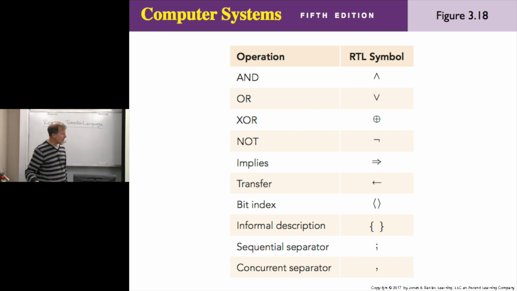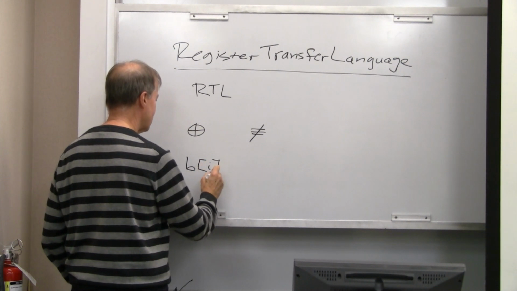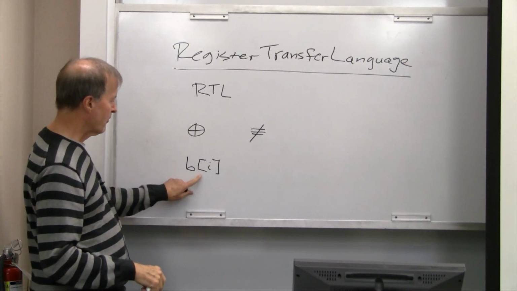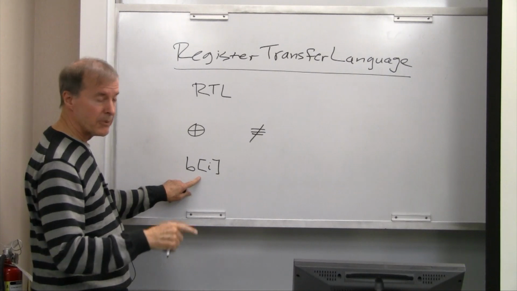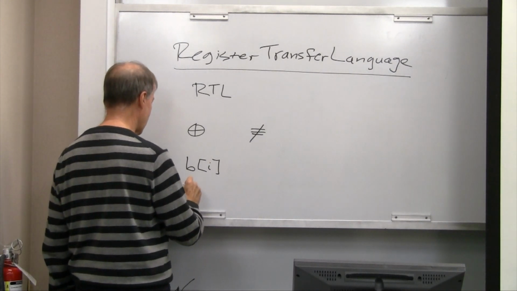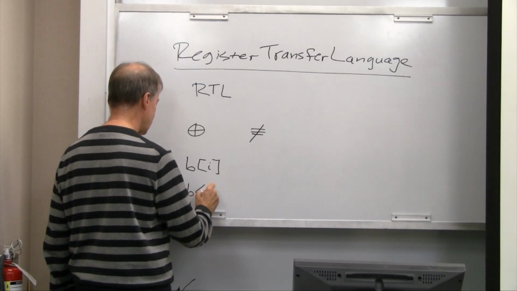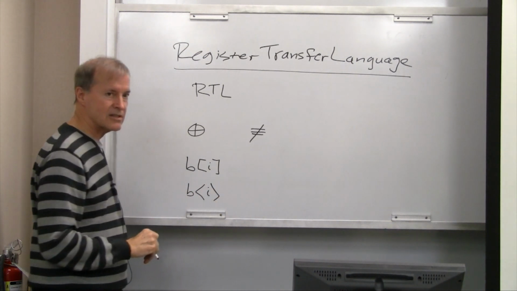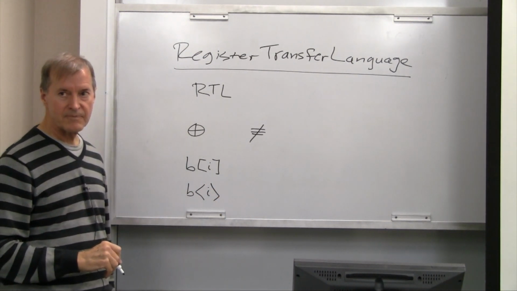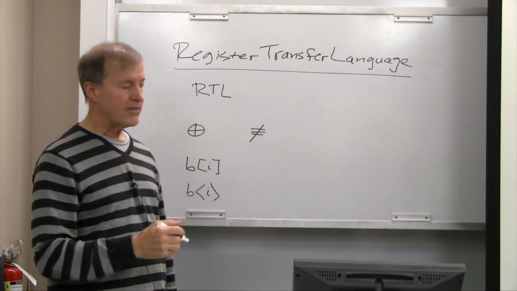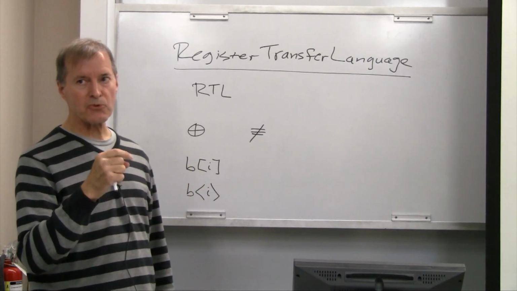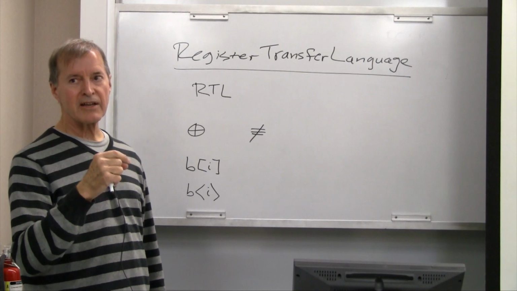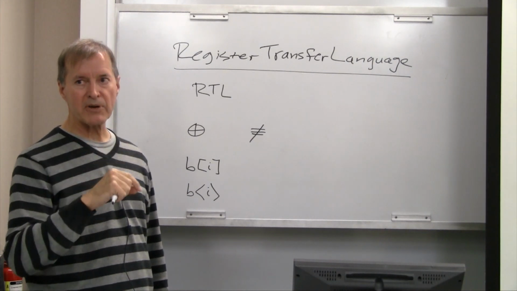Our bit index is going to be angle brackets. In software, if you say B sub I, it's square brackets, but our bit index would be written with angle brackets. It's the same idea. This is a particular language called register transfer language that is used to describe hardware operations.